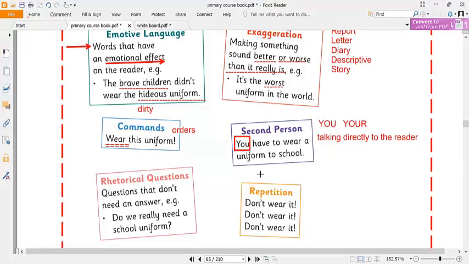It's the same as a command, as if he is in front of you and you are speaking to him directly. The reader is not in front of you, right? But you write as if you are speaking to him.